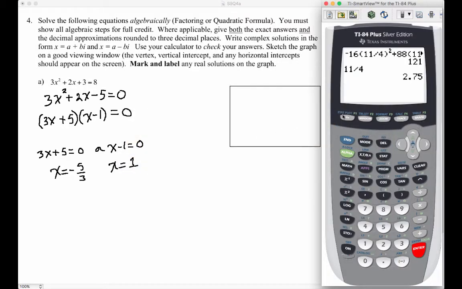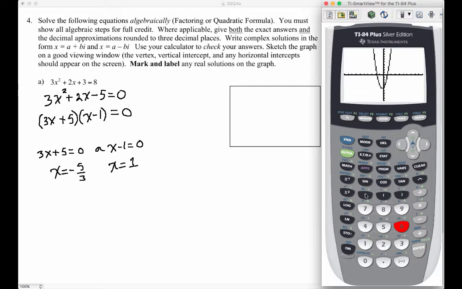Let's clear out whatever we've got in our y1 at present, and put in 3x squared plus 2x subtract 5. Feeling pretty confident. I might have done a y1 and a y2 to check it from the original, but I'm feeling pretty confident. And then I'm going to put a 0 into my y2 because I am going to need a horizontal line to check my intercepts. Let's try a zoom standard and see how that works out.